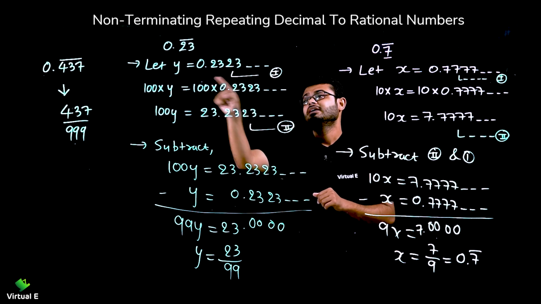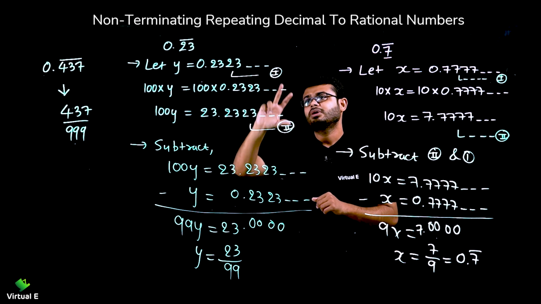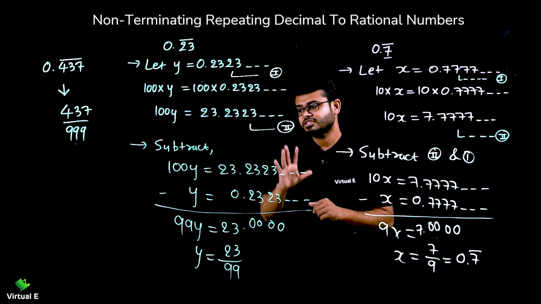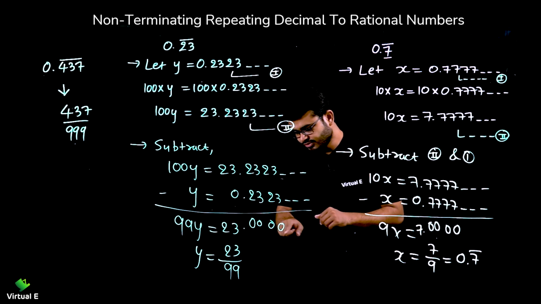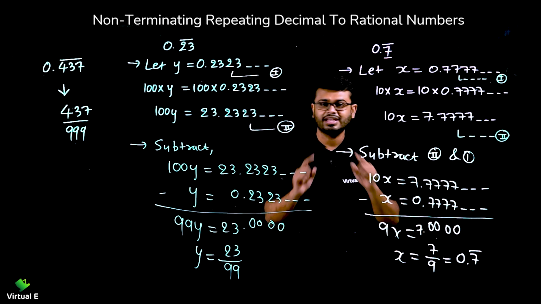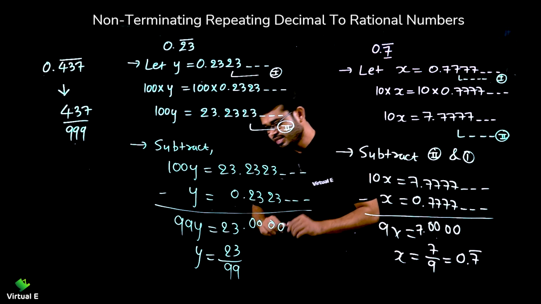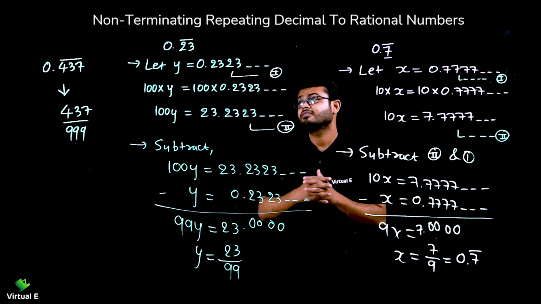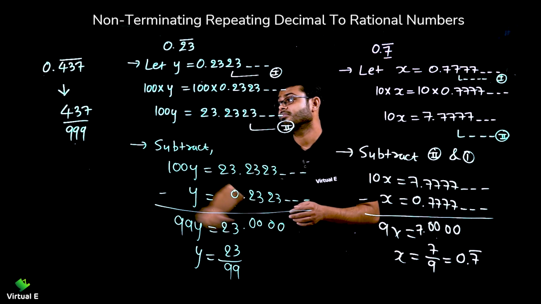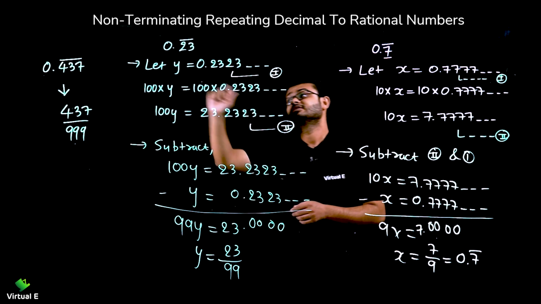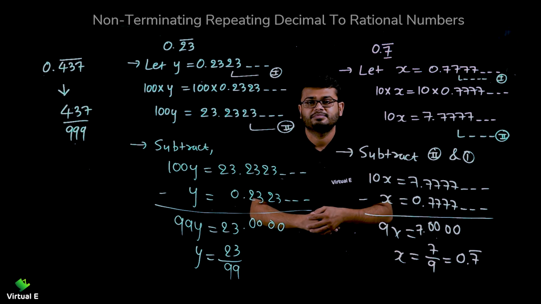Then give the relation numbers 1 and 2 and subtract bigger minus smaller. Always do that one, you'll get the positive answer. And make sure that you get all the zeros here. If you get 0, then only it is correct. Otherwise it will be incorrect. So this is how we convert the decimal into rational number form. Remember this pattern. So let's discuss the next sum.